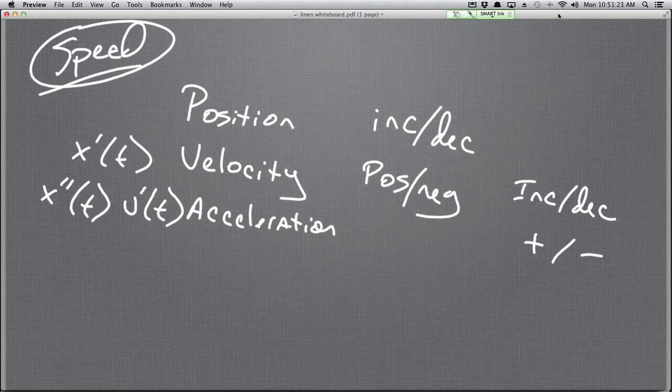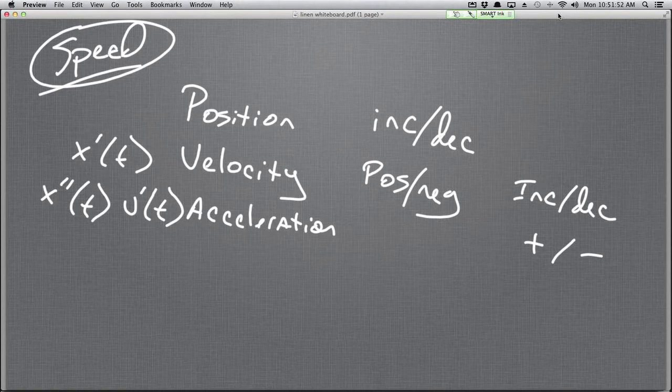Okay? Let's talk about another scenario. Let's say I'm going down the road. And let's say this time I'm pressing on my brake, which means acceleration is negative, which means velocity is decreasing, but I'm still going forward, and if I'm still going forward, that means position is still increasing, which means velocity is still positive, because I'm still going forward.